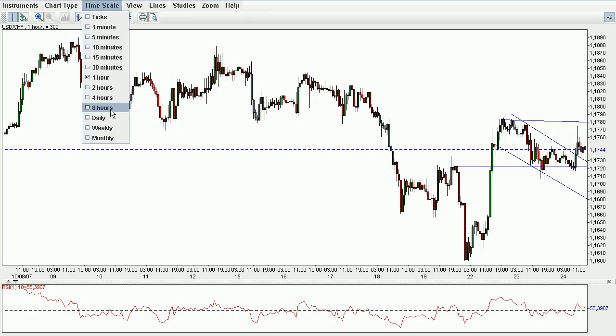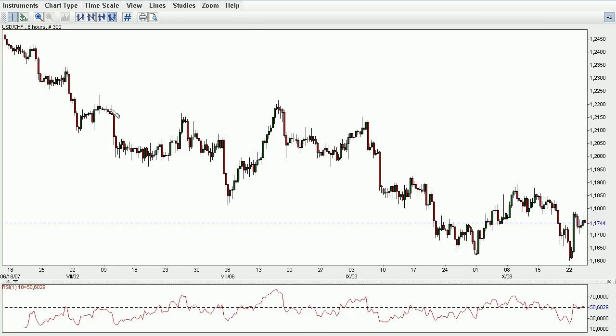If we go to a larger time scale, for example 8 hours, we're going to see the same thing. We have this resistance area, which is at this level, approximately 1.1800, and if you want to know more certainly that our price is going to climb up, then we should wait for a decisive break above this barrier.